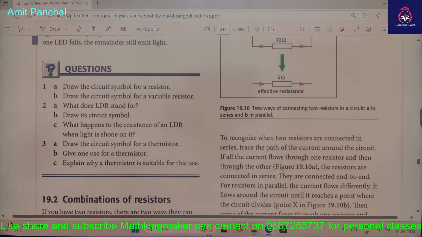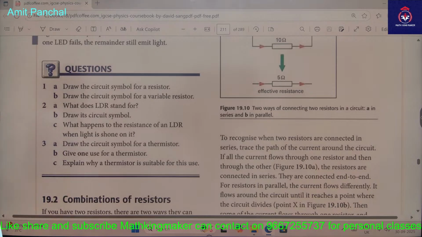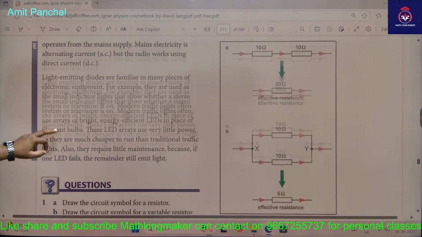No, it doesn't regulate, but it operates the circuit for a temperature. Okay, as the temperature goes up, the circuit is cut off. Okay, it doesn't allow the temperature to increase. Got it? Yes. Okay. Yes.